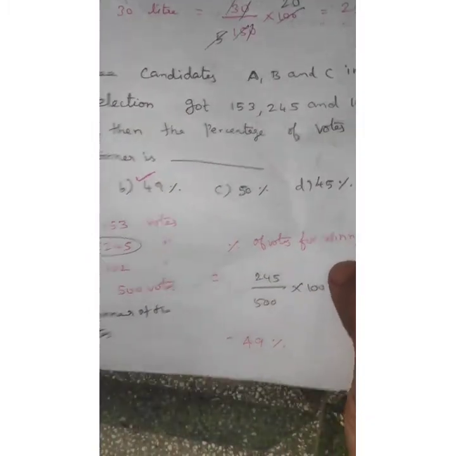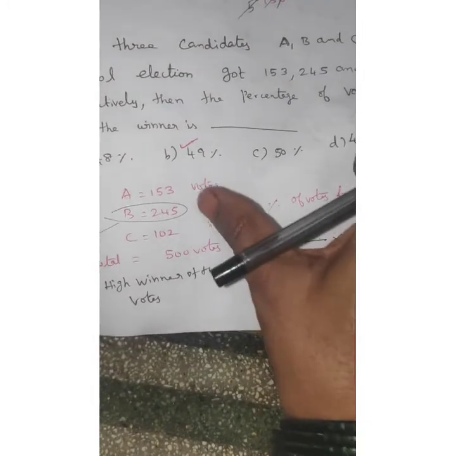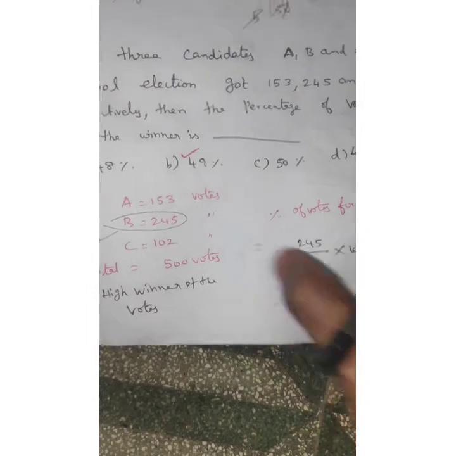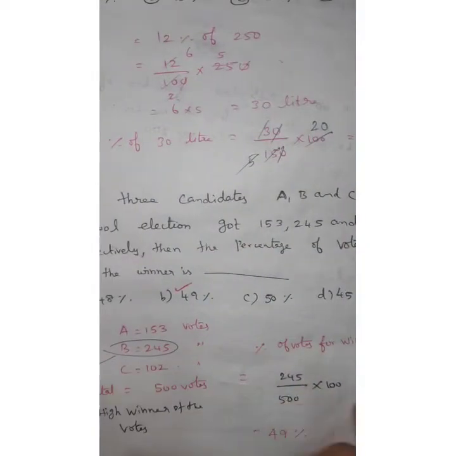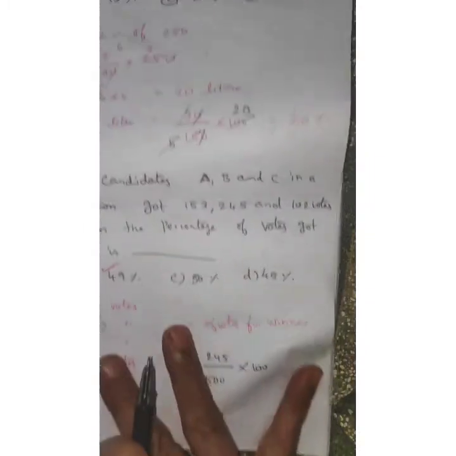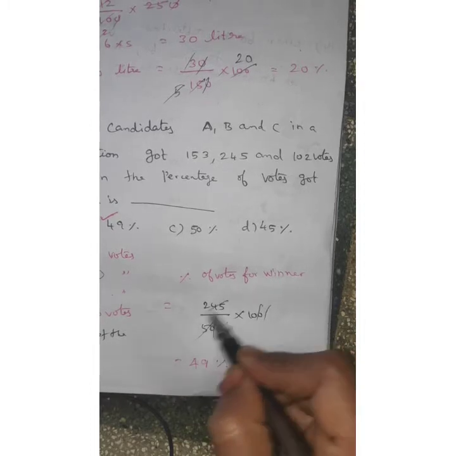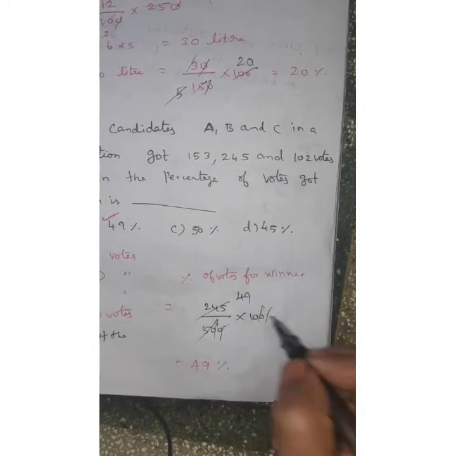Therefore, percentage of votes of the winner equals the highest vote, 245, divided by the total number of votes, 500, into 100. Strike out the zeros, cancel, and get the answer equal to 49.